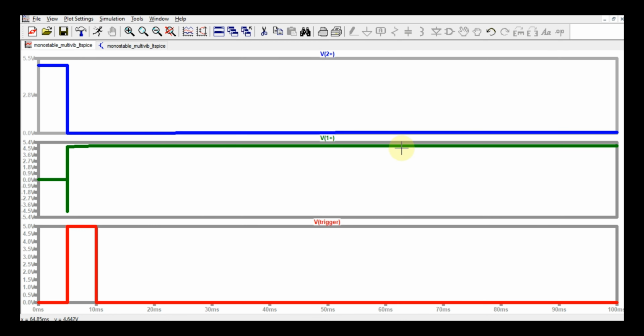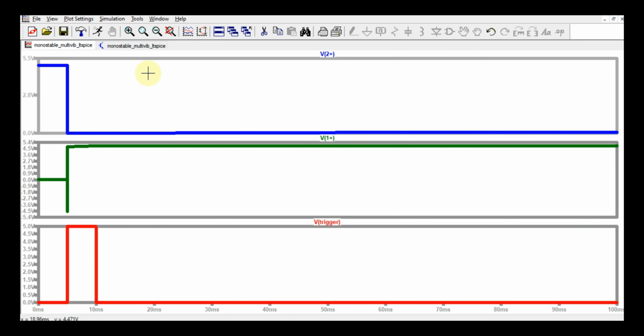So this is a stable state, high, and the output is around 5 volt, right? I can see 5 volt here, and it is holding a stable state. That is why it is called a monostable multivibrator.